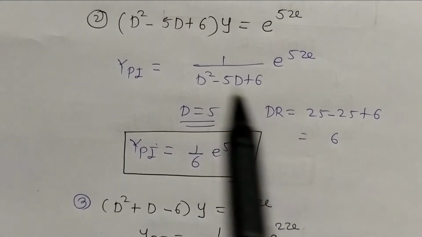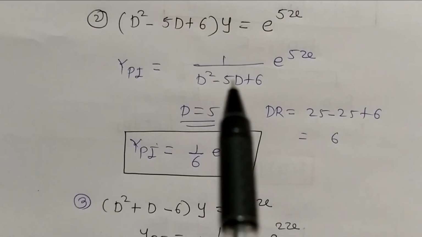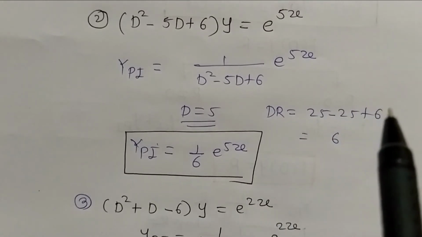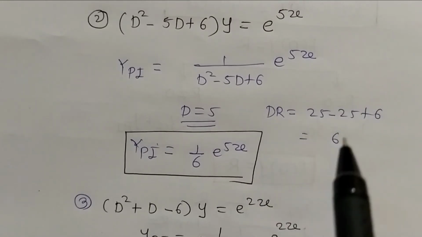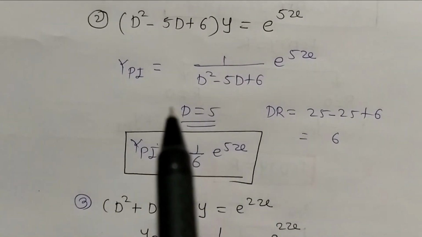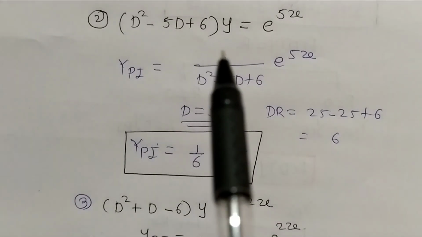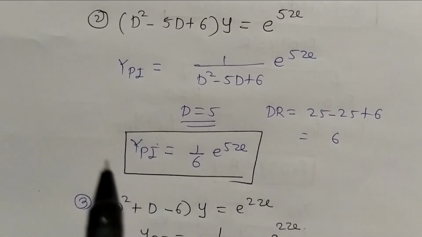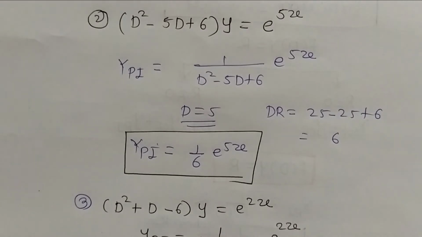So 5 square is 25, minus 5 into 5 is 25, plus 6. That is, the denominator is 6. When we take D is equal to 5, this becomes 1 by 6 into e raised to 5x. So this is the solution of this differential equation.